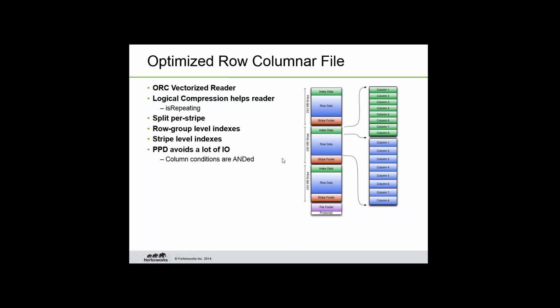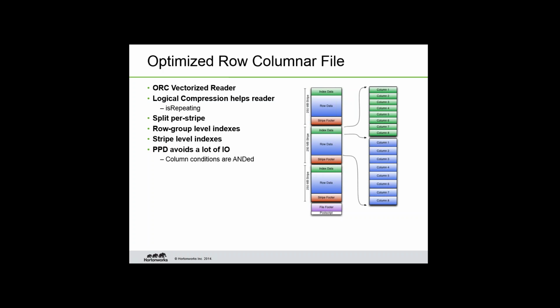So logical compression here works as a help to the reader. That's the is repeating process. Is repeating is a keyword that is applied for ORC file format operations. Here the row group level indexes are also available, so each row group is leveled to build up the indexes, and there is also PPD, which avoids a lot of IO operations.